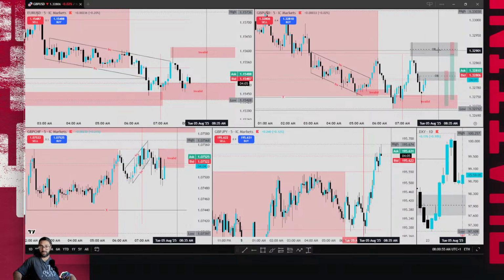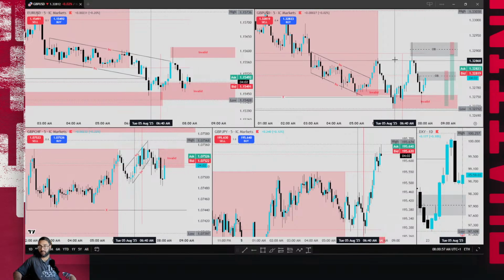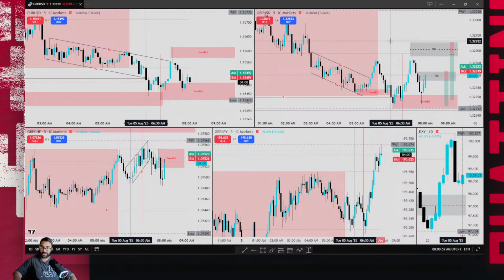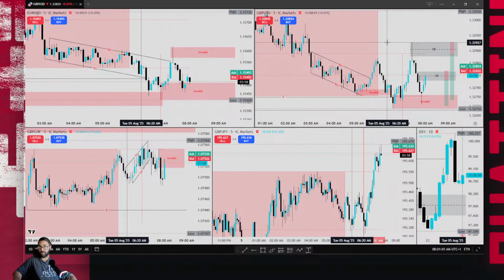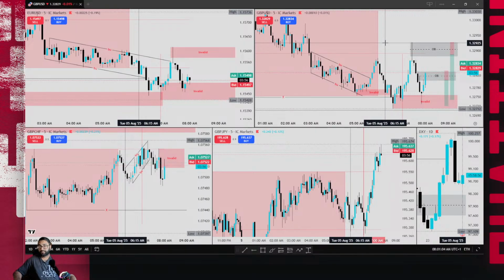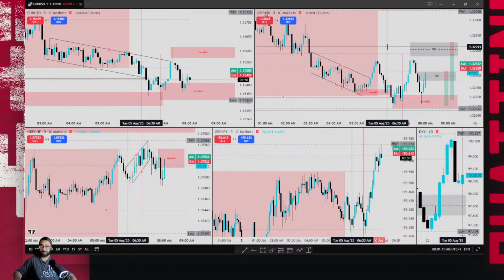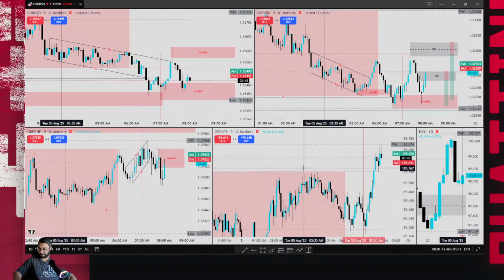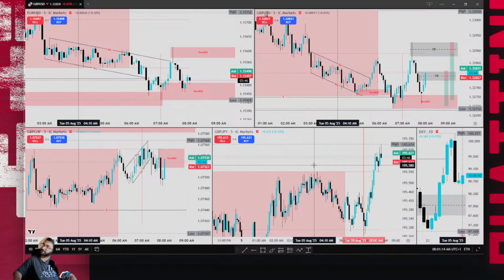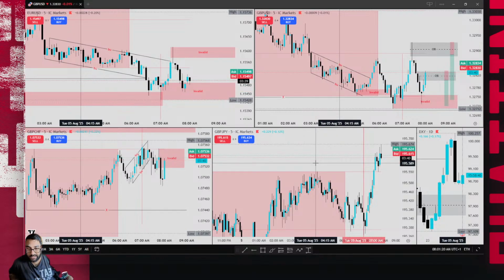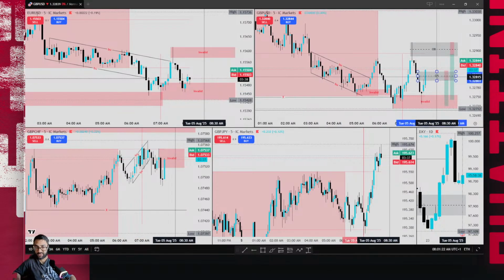See, we're just bouncing in between these two levels right now. Until we break one of the levels, I can't say anything for sure. But my preference is to short. I might just sit today out then. Today might just be one of those days where I just wait.